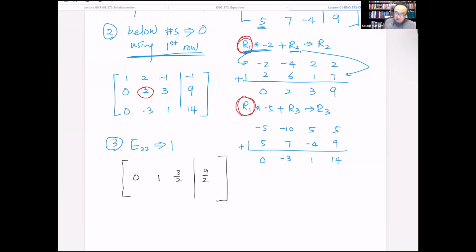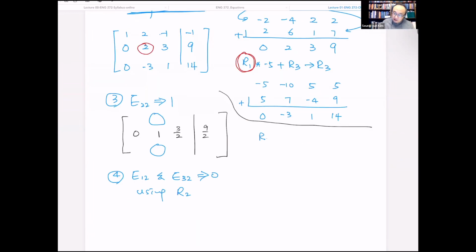And then we're going to make element 1,2 and element 3,2 equal to 0. So this portion, right? Those two elements, we need to make that 0. Again, using row 2.